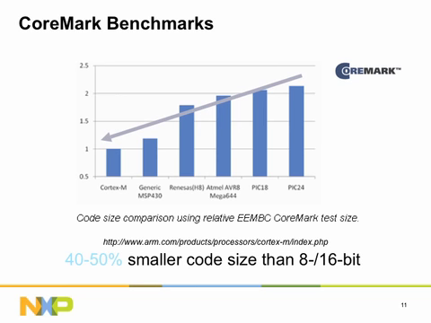Let us look at additional CoreMark comparisons. This chart shows that the LPC1100 code size is 54% smaller than the PIC24, 51% smaller than the PIC18, 49% smaller than the Atmel AVR8, 44% smaller than the Renesas H8, and 16% smaller than a generic MSP430.